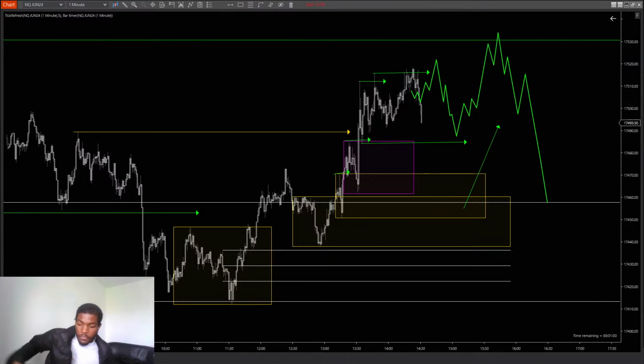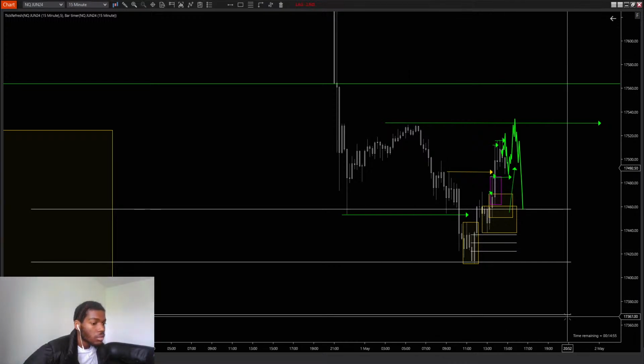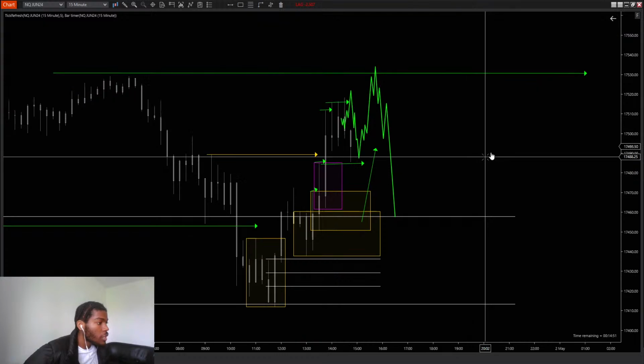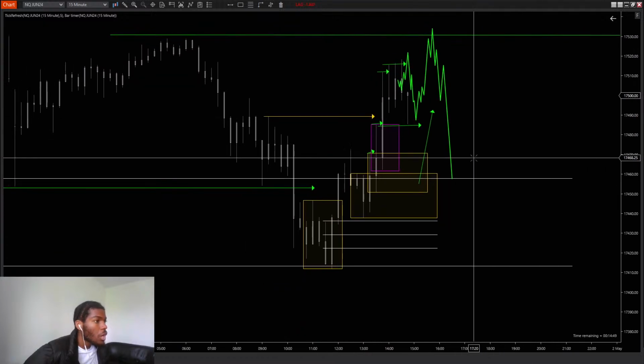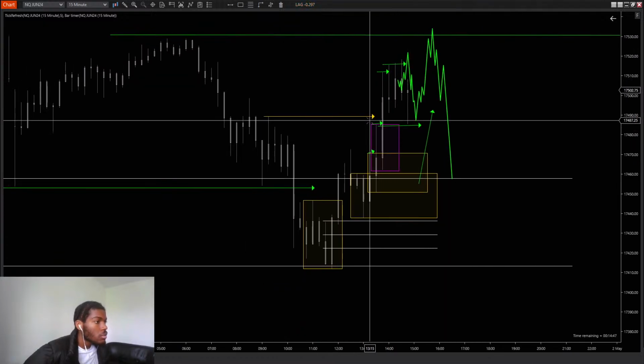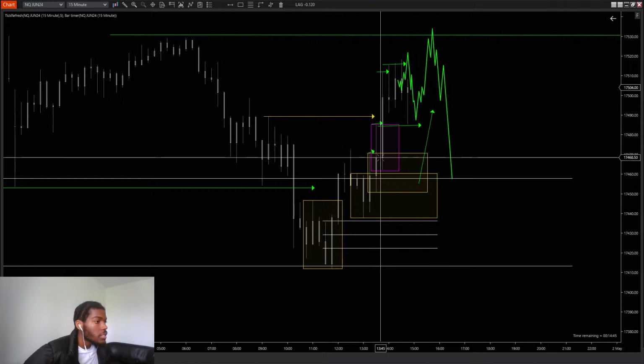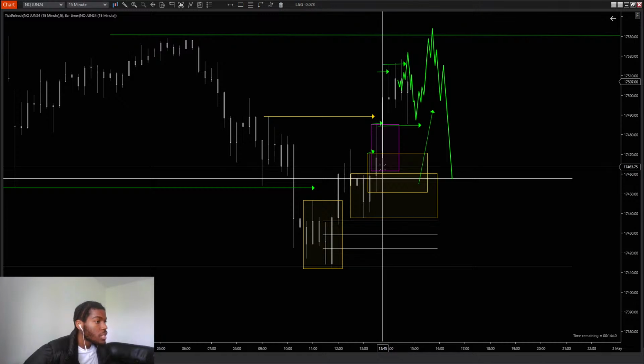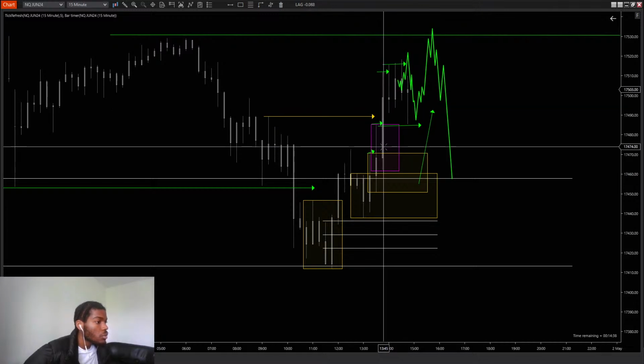So when I go on a 15-minute and read candlestick structure, what am I seeing? I see that this is the current protected low, this candle there.